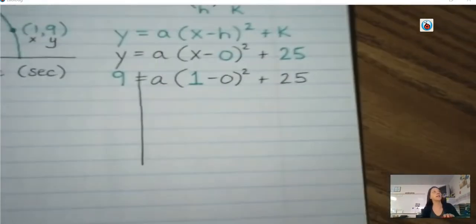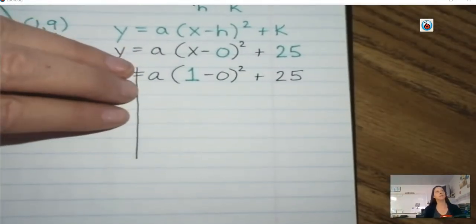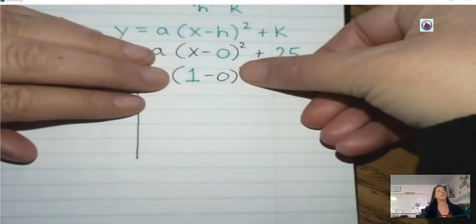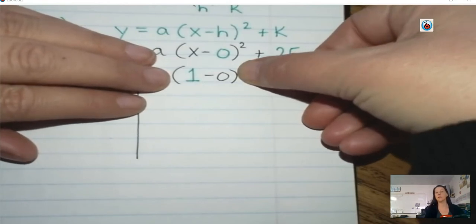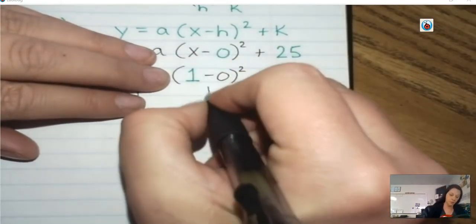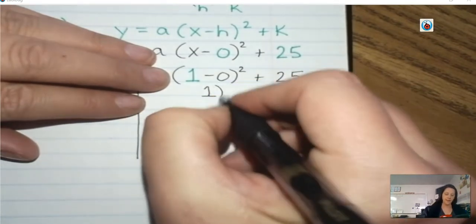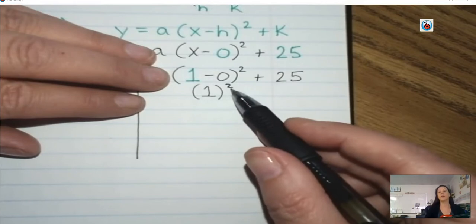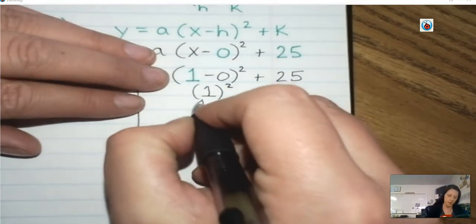Okay, look at the side that has the a. Let's simplify the work that's over there. Order of operations, and it's on the poster up here if you can't see, but when the lights are on it's easier to see. But the first thing is grouping symbols, so your parentheses. So first thing we do is 1 take away 0. 1 take away 0 is 1. Then the next step is to do exponents, so 1 squared. 1 times 1 is 1.